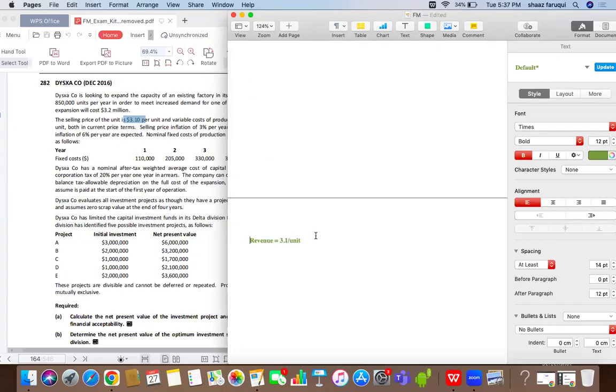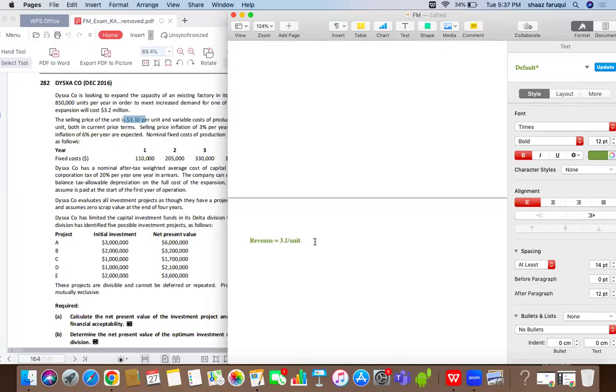There is an issue with my Excel, unfortunately. I would love to normally do this on Excel, but there has been an issue. So I'm just putting the explanation. I'm just showing you how to do it. For now, at least. So revenue is 3.1 million.